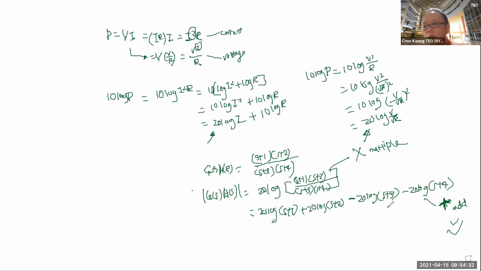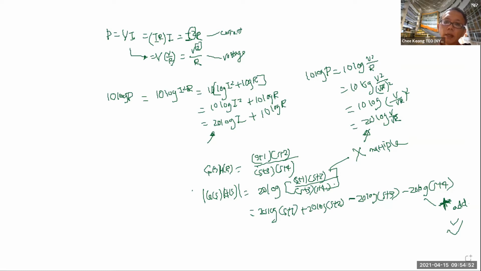Therefore, if you convert into the log domain, one of the advantages is you just use simple addition and subtraction, whereas if you don't convert it, then you have to do multiplication. For the human brain, addition and subtraction is easier, right?